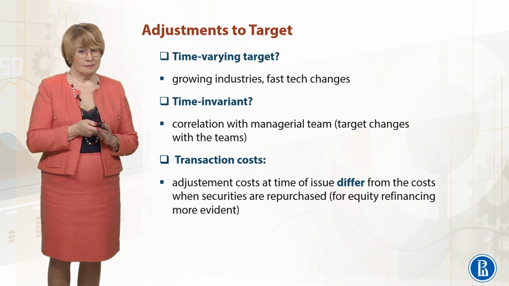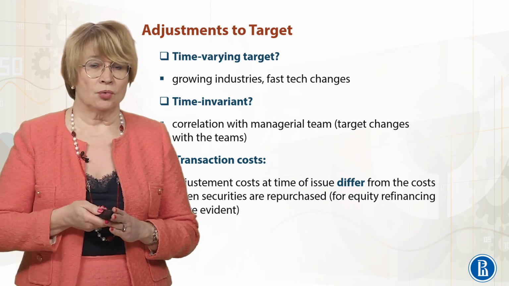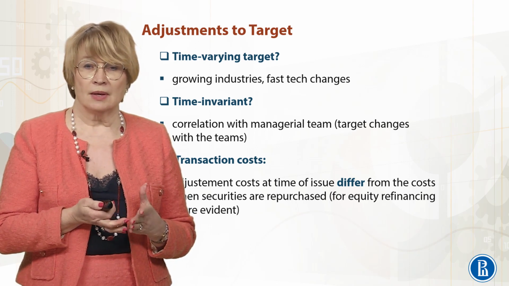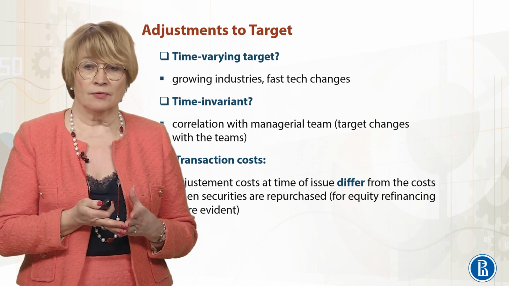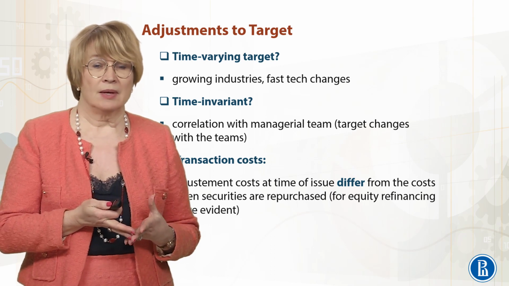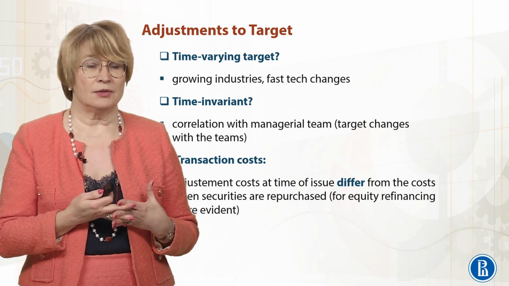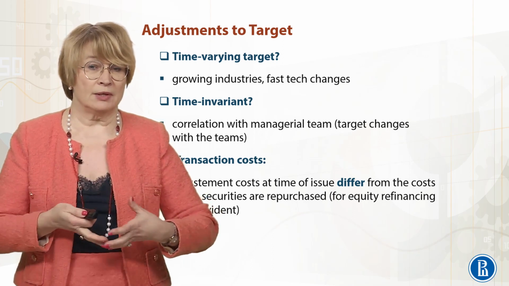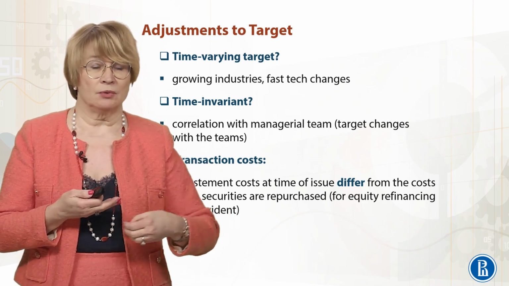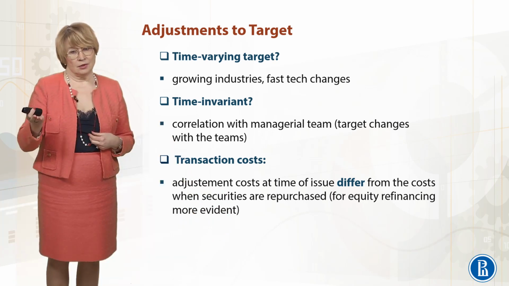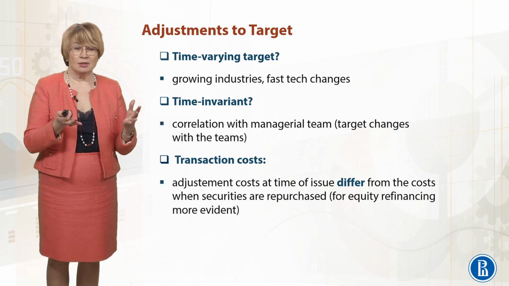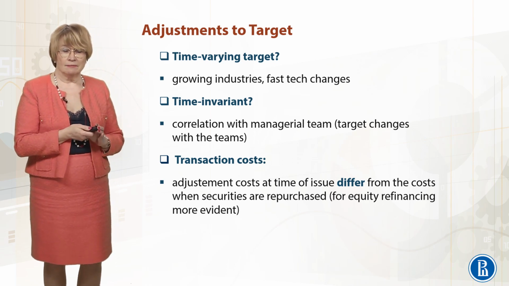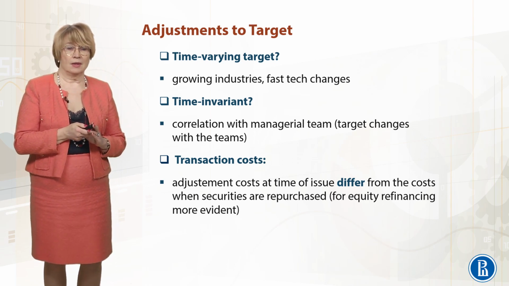Researchers also show that the transaction costs may matter in terms of the difference between the costs when new securities issues are released to the markets, let's say new corporate bonds or new equity issues, and this is the remedy to change the debt to equity coefficient.